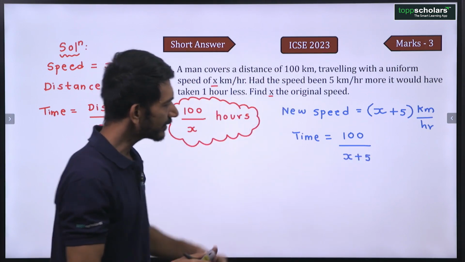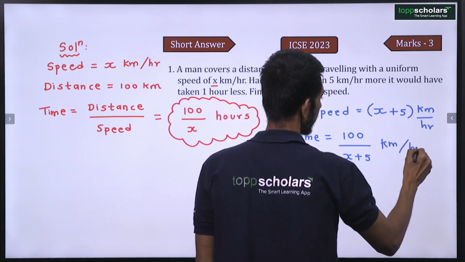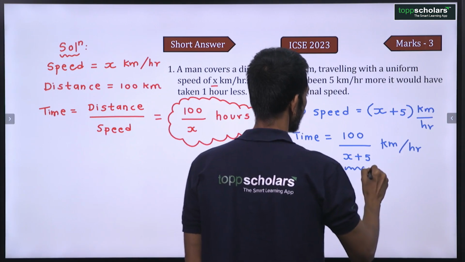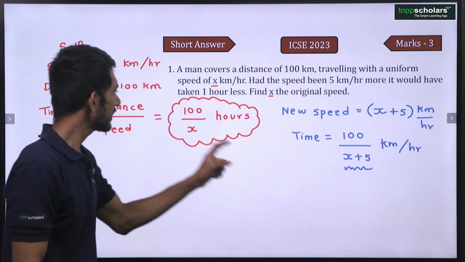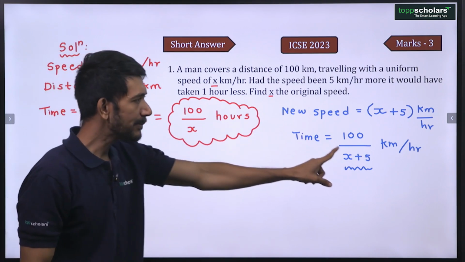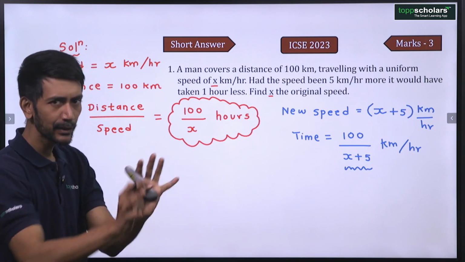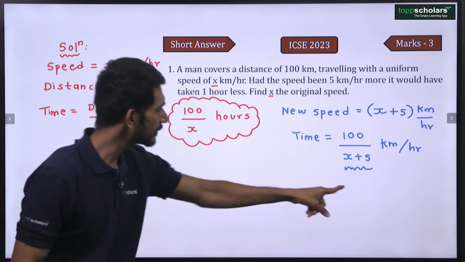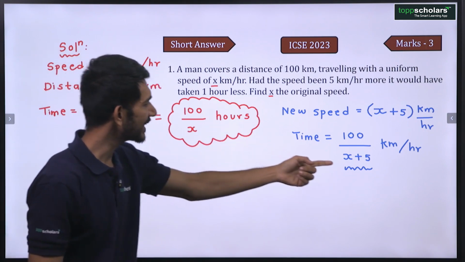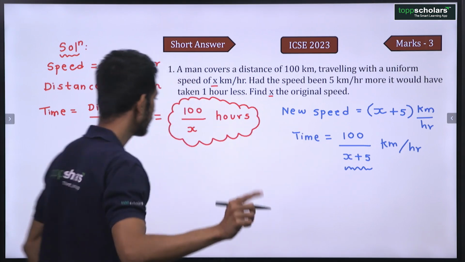Obviously the speed is increasing, so the time taken here is less, the time taken here is more, the time taken here is 1 hour less than this time. So I'm giving you an example. If this time is 10 hours, this is 9 hours, this is 20 hours, this is 19 hours. So can I say this minus this is 1 hour?